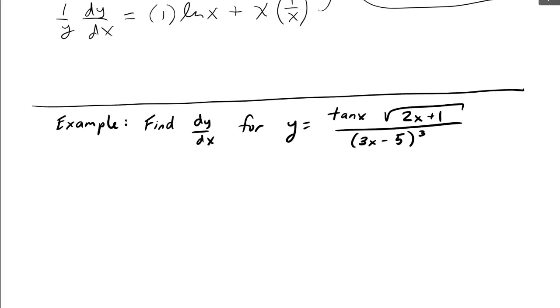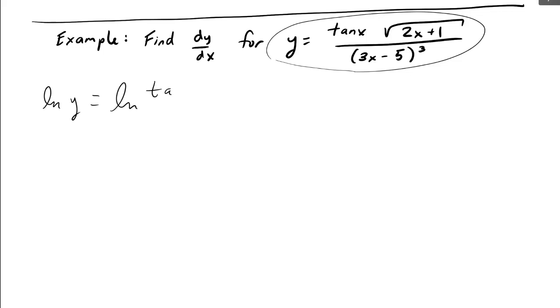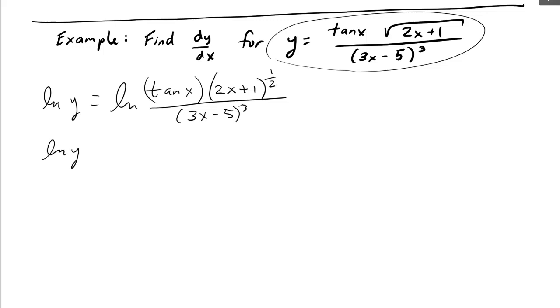Let's look at another one. So if we're going to find the derivative here for this complicated function, again, I'm going to apply ln to both sides. I'm going to rewrite that using a 1/2 power. All right, then I'm going to simplify using my logarithm rules.